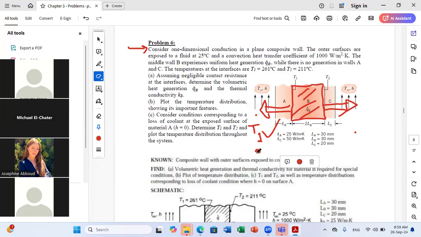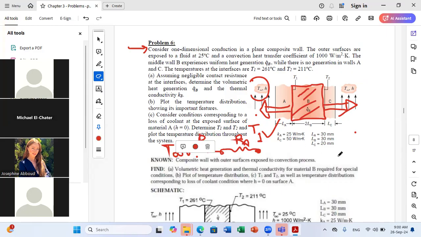So we have to include the resistance to conduction in A, then the resistance to convection on this side, until reaching T infinity. This is a separate circuit.